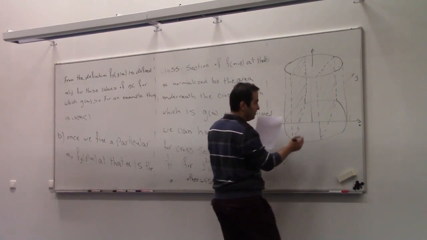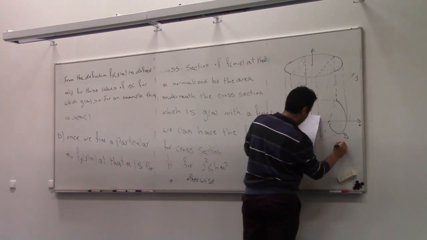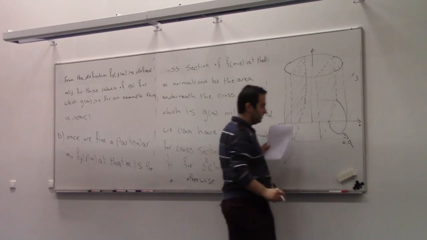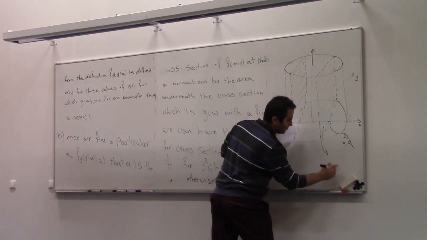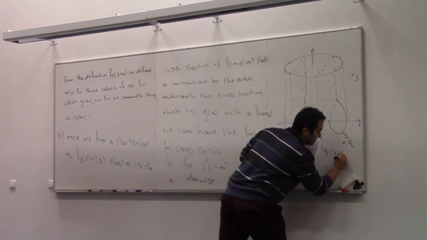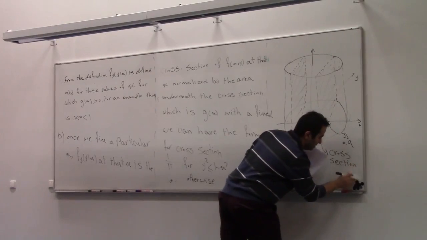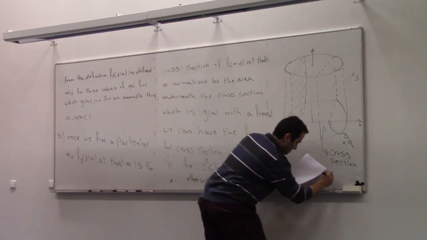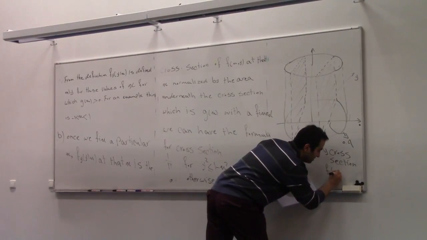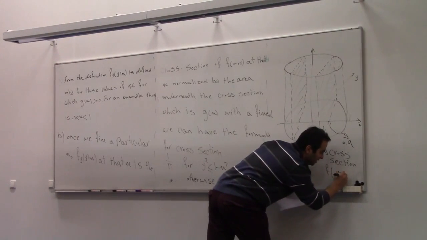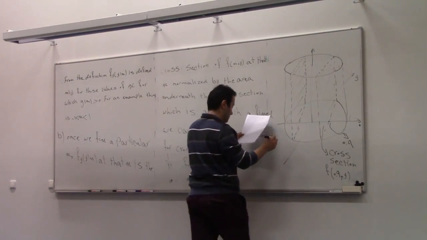Okay. You know that here is 0.9. This part is the cross section. F when x is 0.9 and y here.